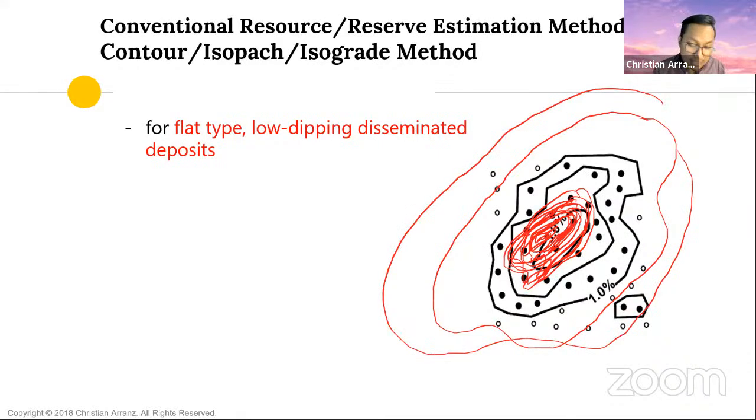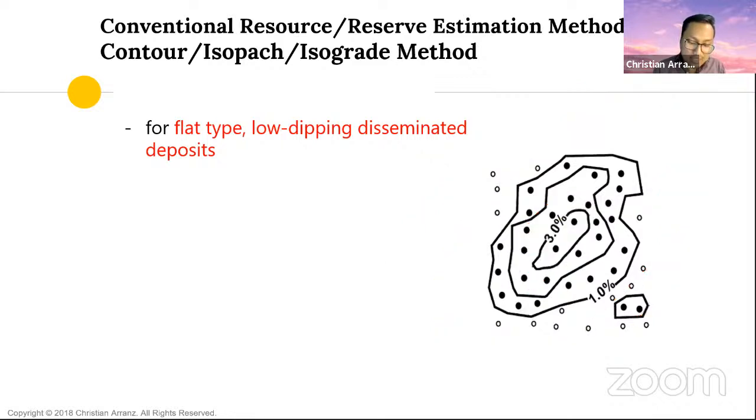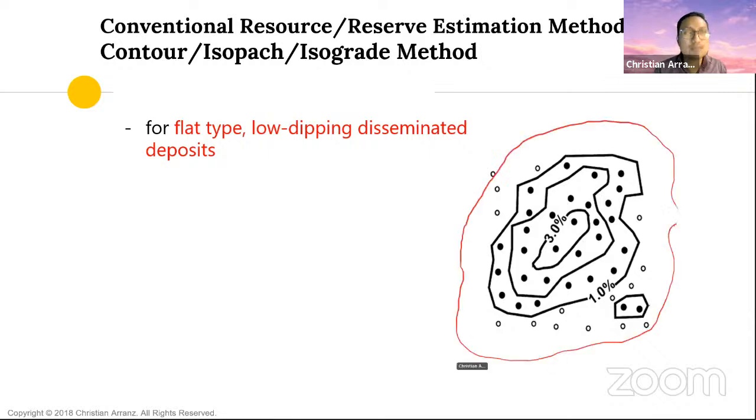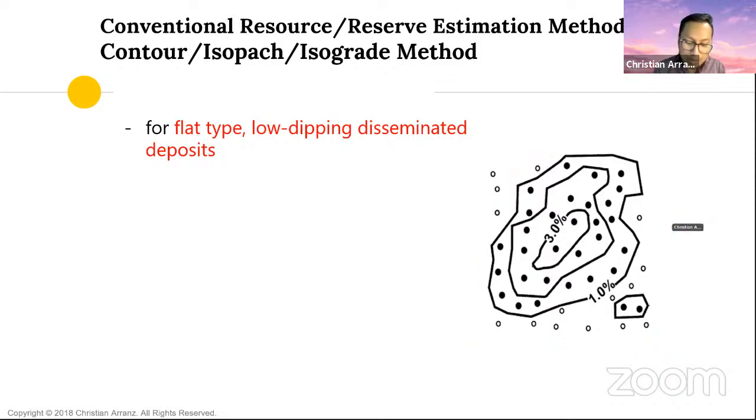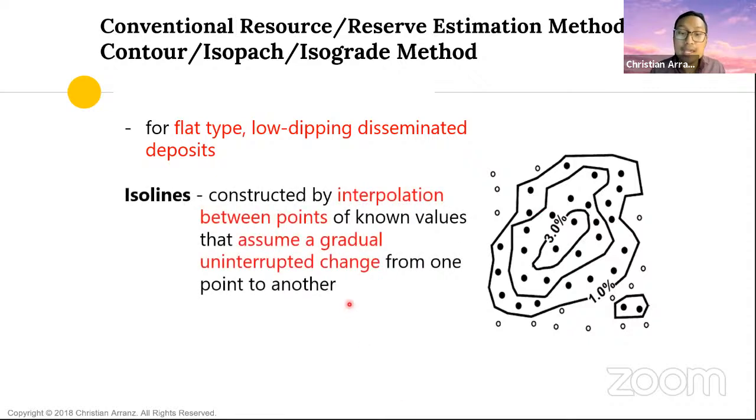Okay? So ganun din dito. But again, in this case, we are talking about grade. So kapag ganito, malalayo, gentle yung difference, or at least hindi madaling mag-change yung grade. So ang disadvantage na tong method na to is paano kapag abrupt yung change ng grade mo from one area to another. That's the disadvantage of this method. By the way, the lines are called isolines.